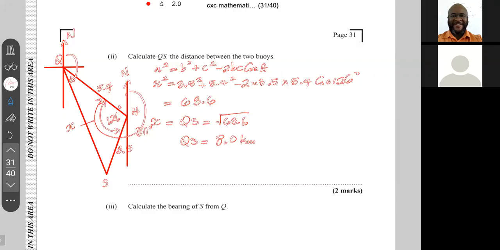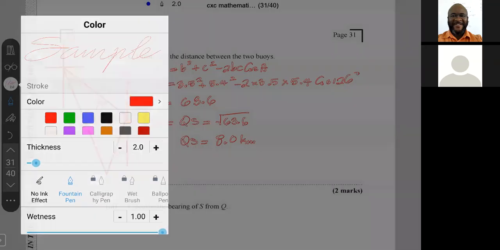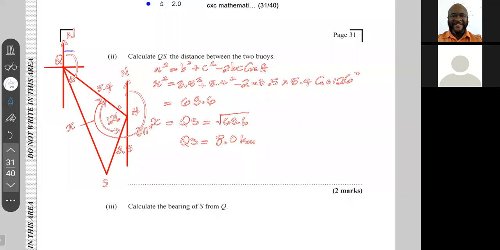Now the angle over here is the one we want. Let me change the ink color. This angle here in blue is what we want. Now, what we're going to do is find this angle here, then use co-interior angles to find this part of the angle. Let's call it alpha. And then we need to find this part of the angle. Let's call it beta.